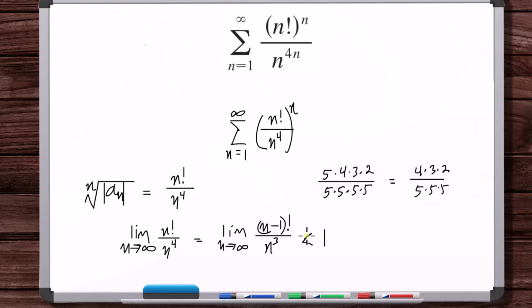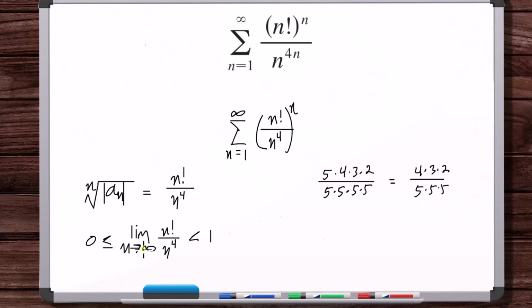Well, it's actually going to be greater than or equal to 0 and less than 1. Maybe this limit is 0. But it's not going to be less than 0, right? How can it be less than 0? This is never negative.